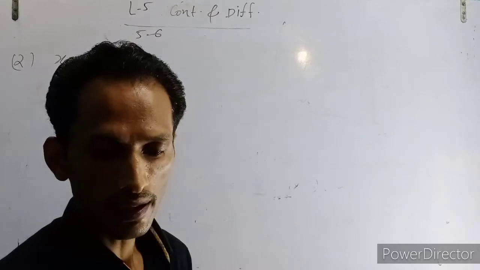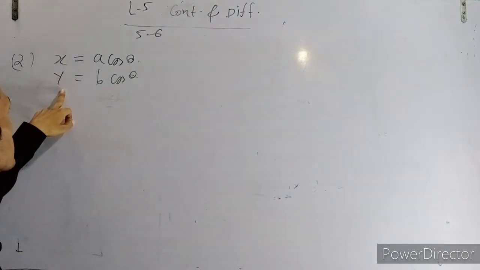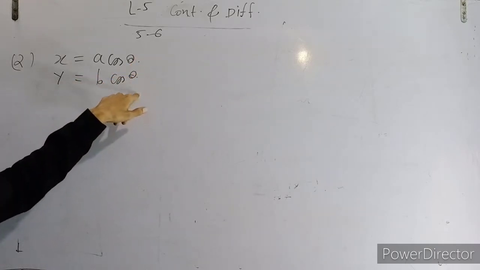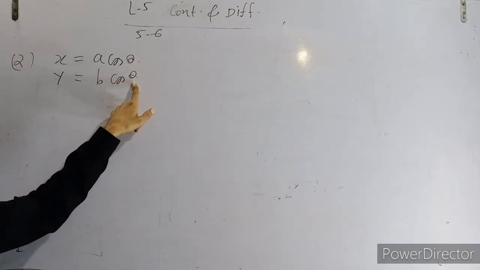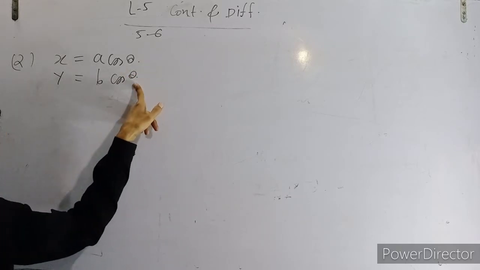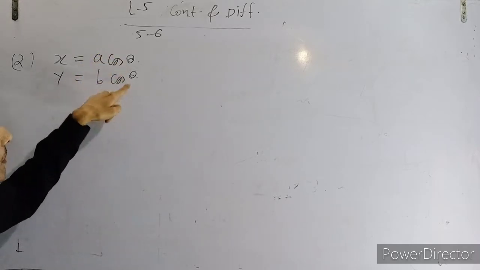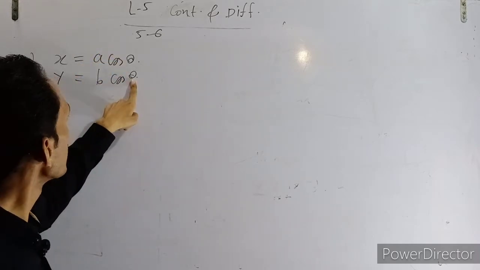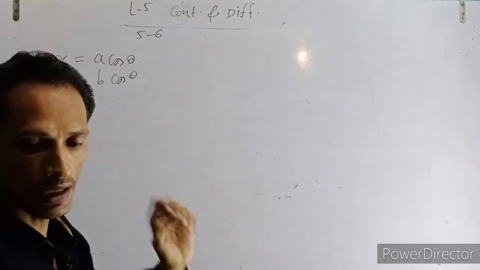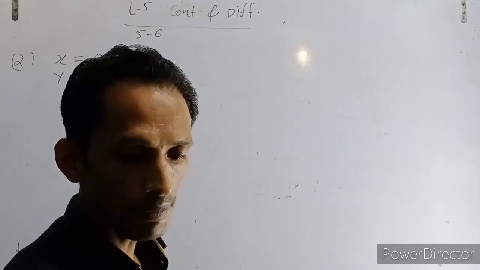If x and y are connected parametrically, then the common variable is theta here and theta here. So x and y are connected parametrically, and the third variable is theta. That is called connected parametrically, and it is given without eliminating the parameter.